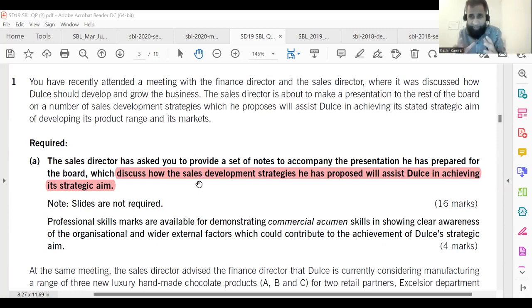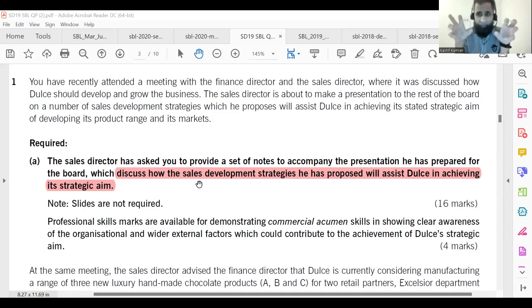Now, in the case study, the sales director has proposed some sales development strategies, and you need to evaluate those strategies, and how they will assist in achieving a strategic aim.